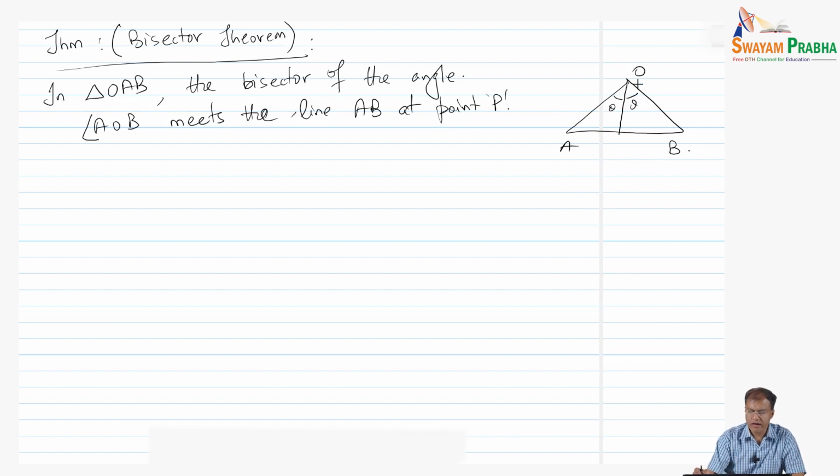The bisector of this angle meets the line AB at point P.